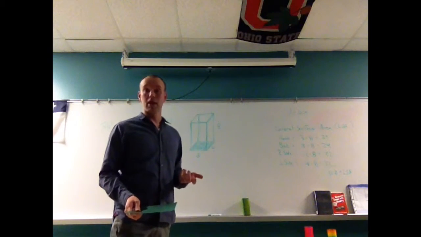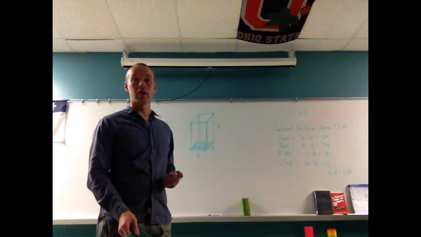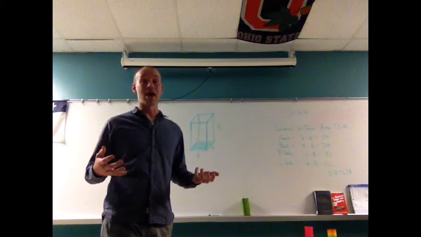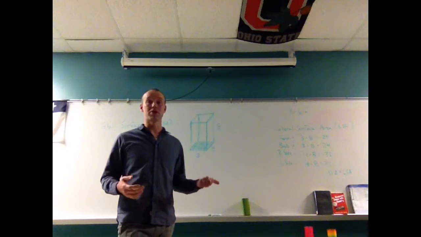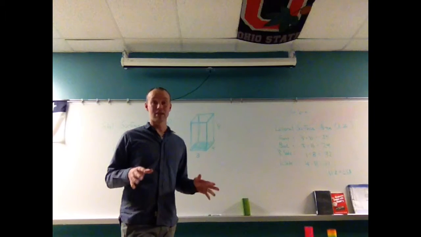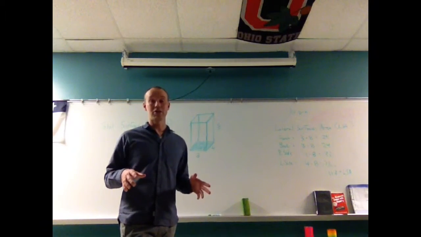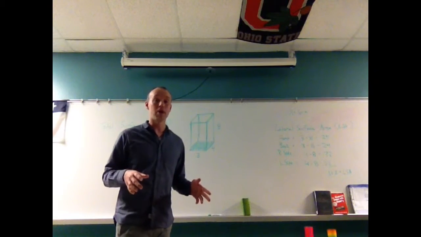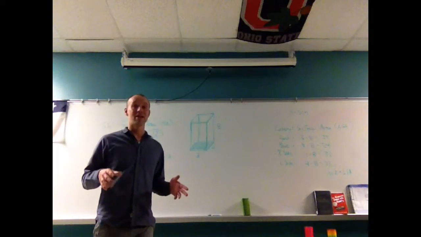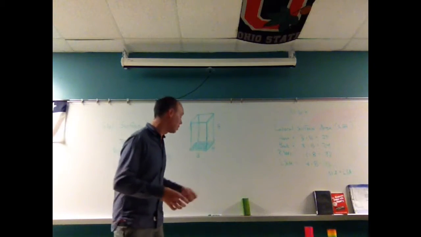We started yesterday in a new unit working on how to find the lateral and total surface area of rectangular prisms. Now, we haven't gotten into triangular prisms or cylinders yet. We'll get to that, but what I wanted to do was take today and spend some time focusing in on rectangular prisms. Like I said yesterday, one of the most difficult things about working with three-dimensional objects is simply this.